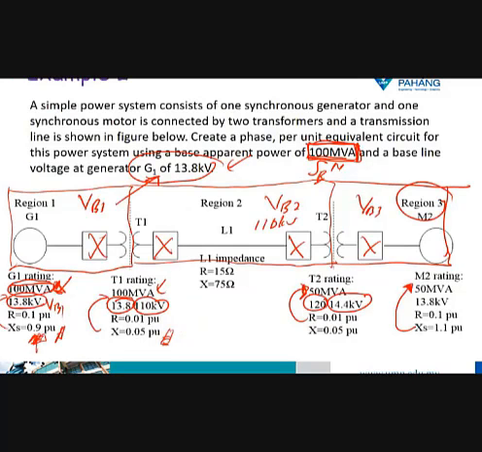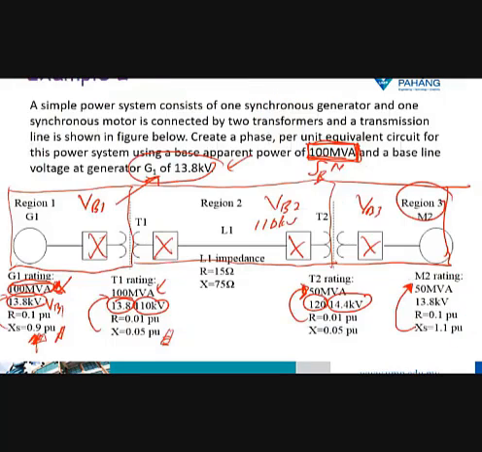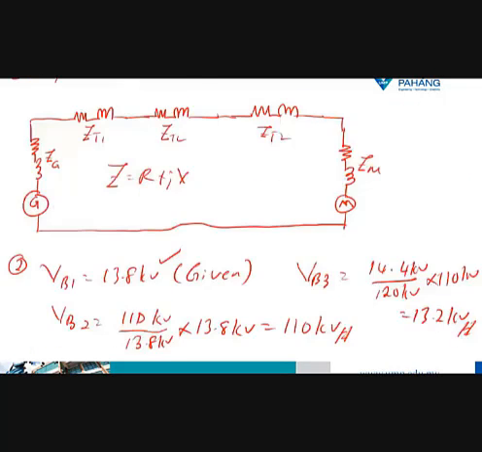The old value for transformer 2 is 0.01 plus j0.05, times 100 MVA over the old S base for this transformer, which is 50 MVA.